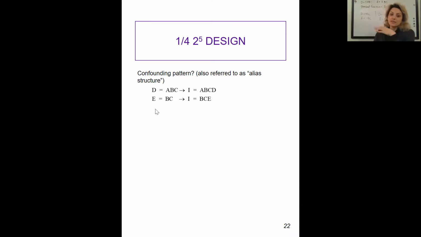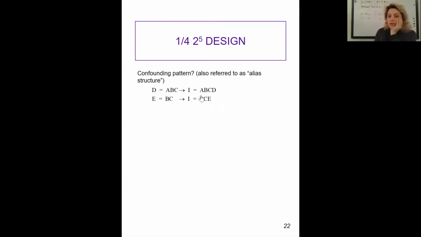Then E is equal to BC, and we multiply both sides by E, so I is equal to BCE. For finding the confounding pattern, first we write down the design generator, then we find the defining relation, and then we multiply, right?